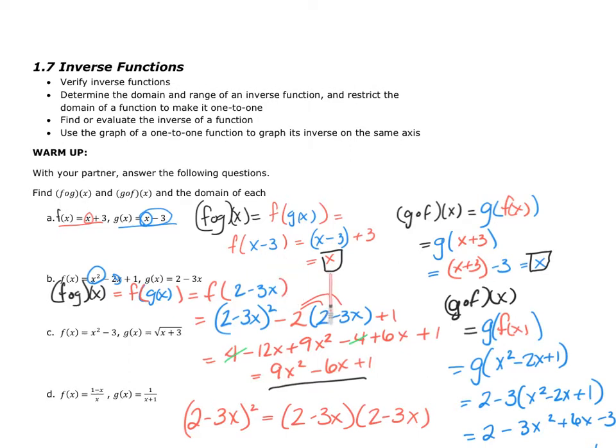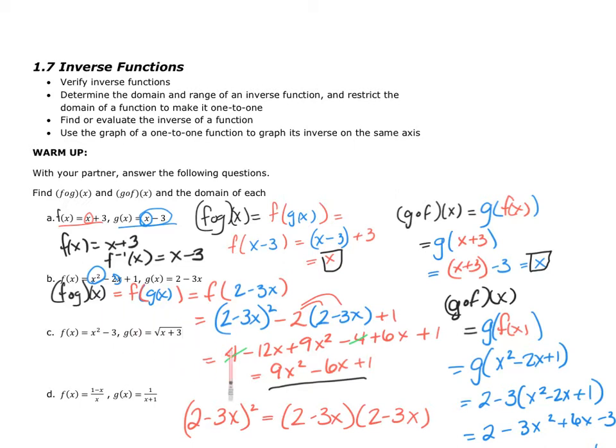So this was x, and this was x. So by definition, these two functions are inverses of each other. So I can write this as f of x is equal to x plus 3, and f inverse of x is equal to x minus 3. So g of x was actually the inverse.